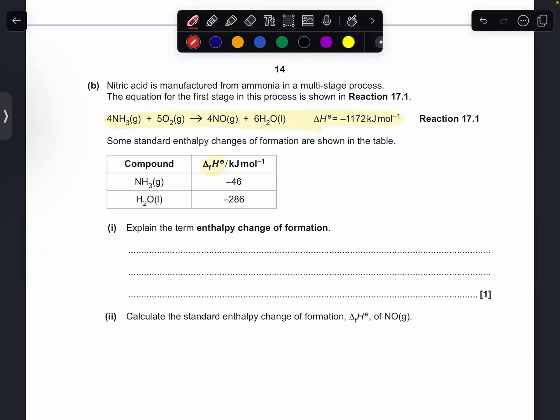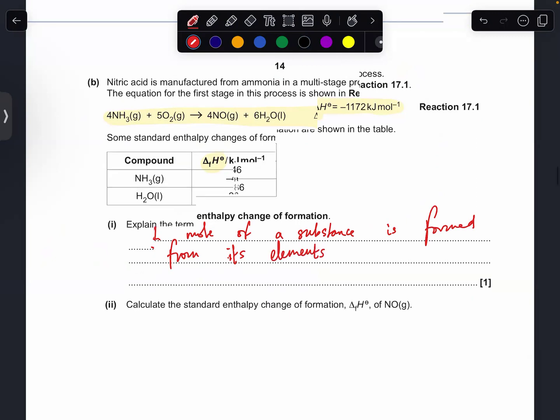Enthalpy change of formation is where 1 mole of a substance is formed from its elements. Okay.